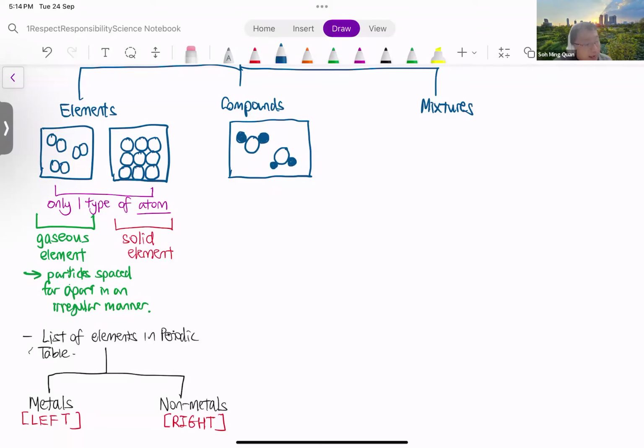Firstly, I can clearly see two types of circles, right? There's the shaded one and there's the white colored one. So this tells me that there are two types of atoms. Two types of atoms mean two elements, and they are joined together. When we join them together, what we actually mean is two or more elements chemically combined together.